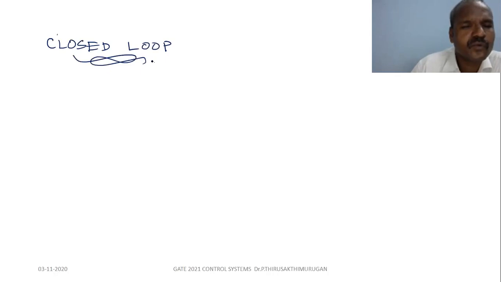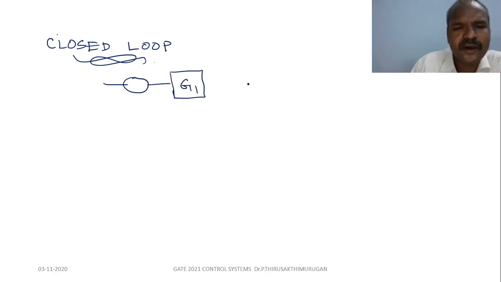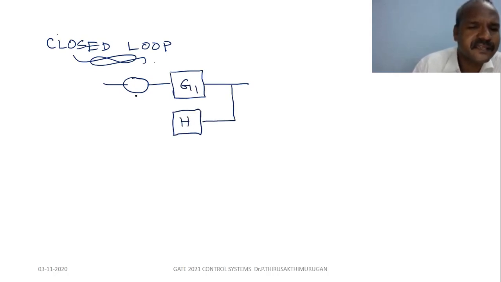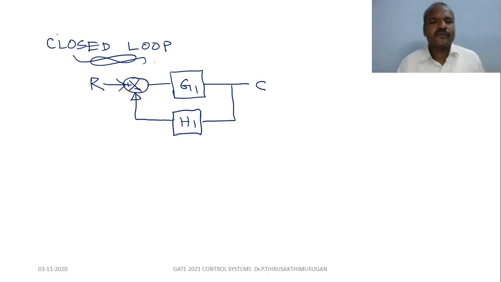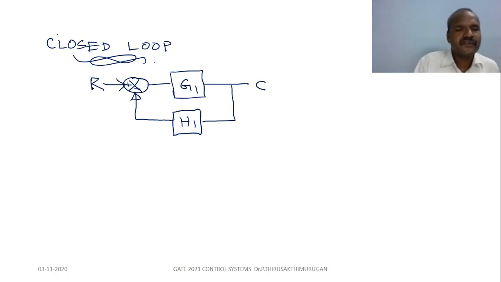Next is the closed loop diagram. Closed loop means feedback. You have G1 as the forward path, and the feedback path transfer function or gain is considered H1. Here I represented R instead of X: R is the reference input and C is the control output.